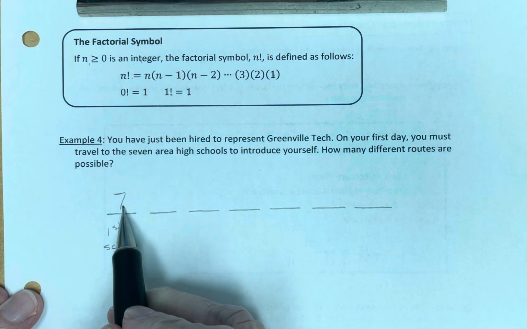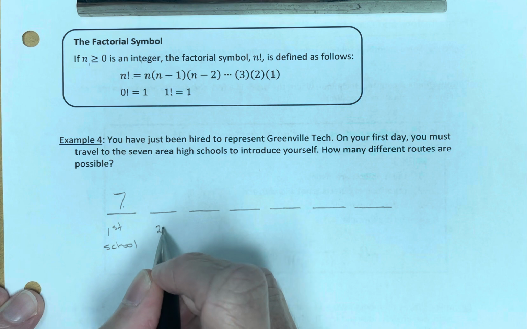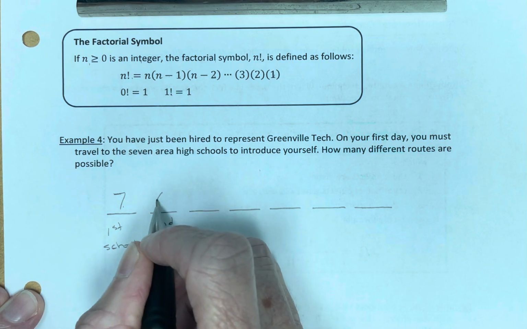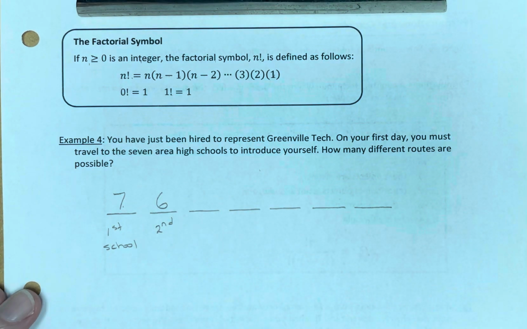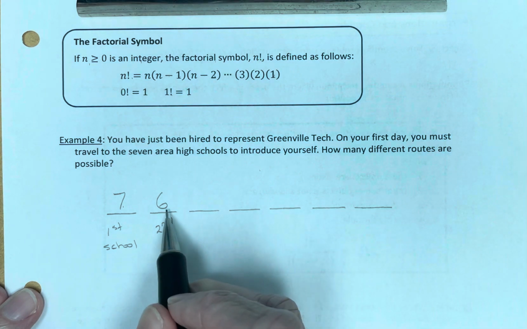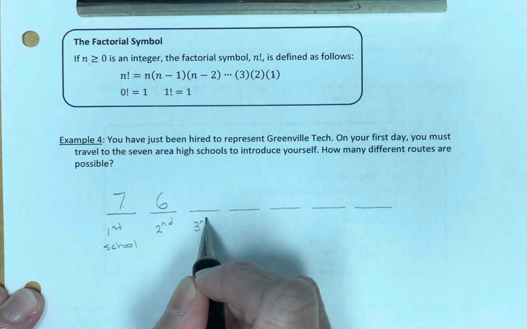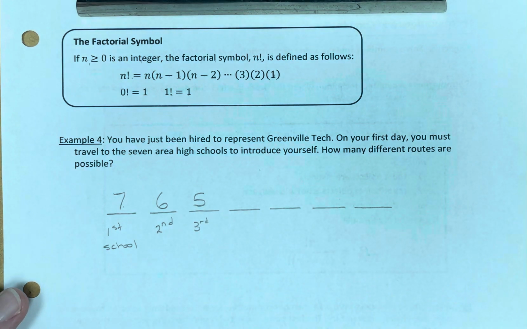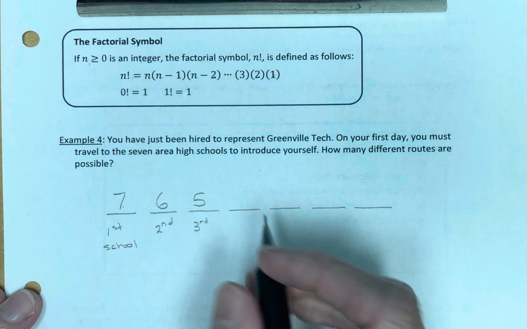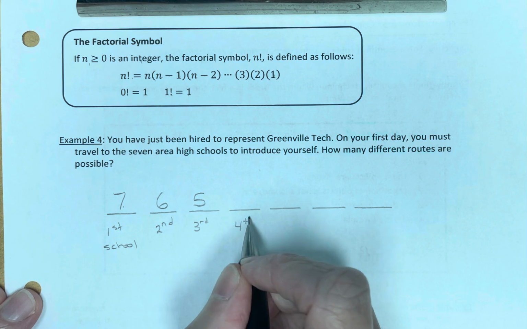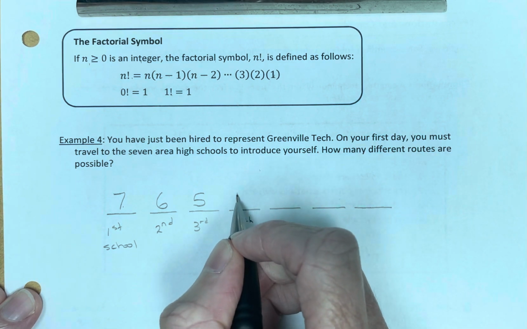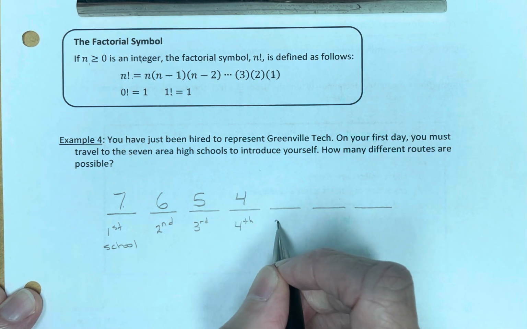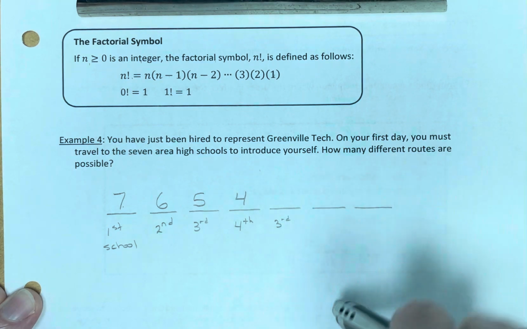Once you've been to the first school, your second school, there are 6 choices of how to get there. Okay? Once you've been to the second school, the third school you're going to, there are 5 different schools you could choose from and how to get there. And you probably see the pattern. The fourth school, there are 4. And it turns out that, oops, I meant to say 5th.